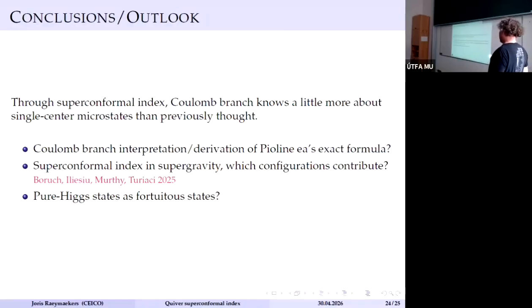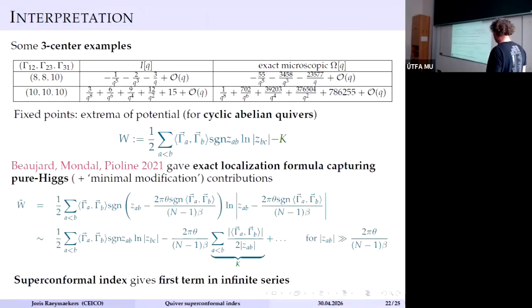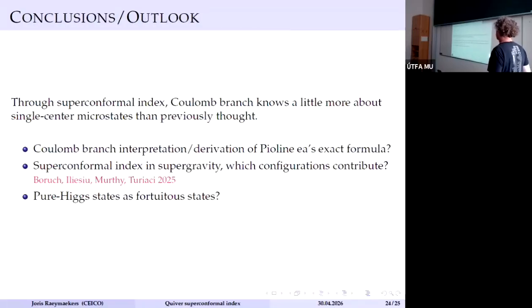Something I would really like to know is what these infinite further corrections in the exact formula mean from the point of view of the Coulomb branch. Can we give a physical interpretation of them in terms of stuff we have neglected in our approximations? Can we derive them?